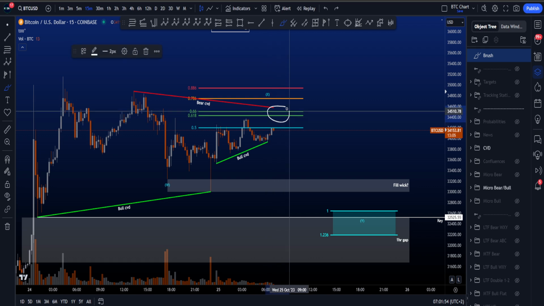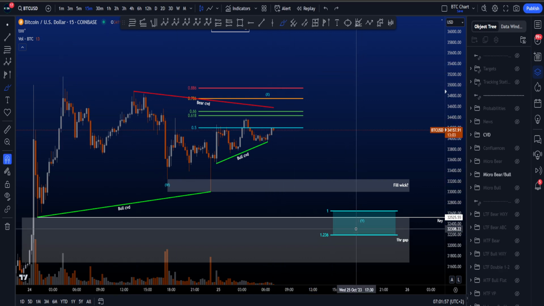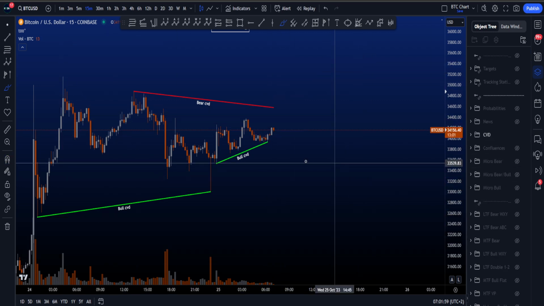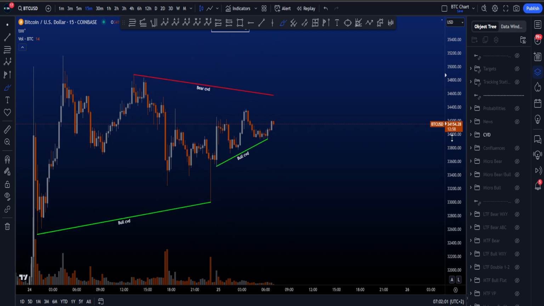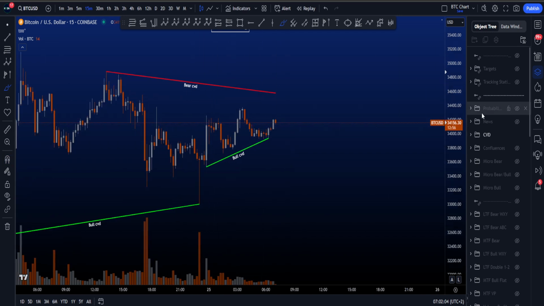We have to, of course, observe the reaction, as a potential flat scenario is not yet off the cards. But the CVD divergences might lead to this scenario, which is very interesting indeed.